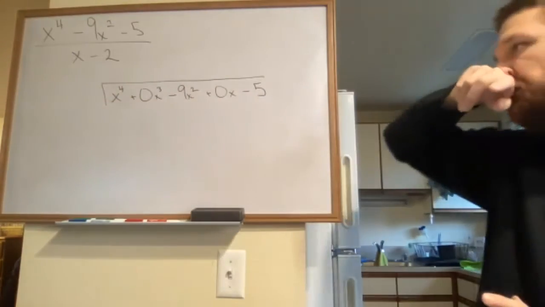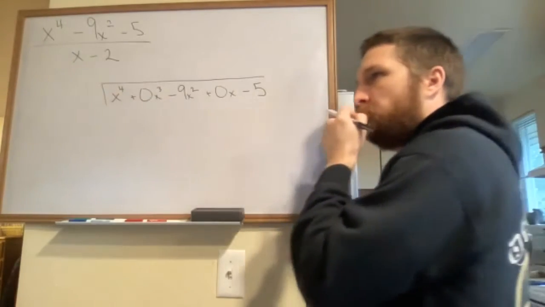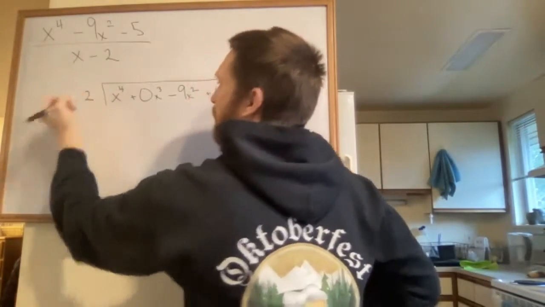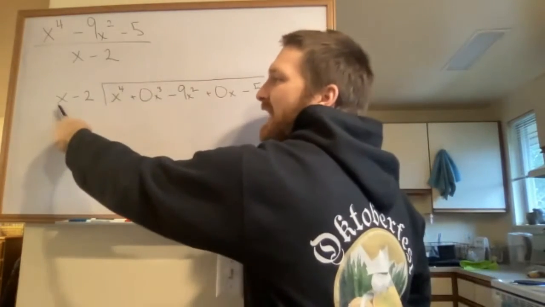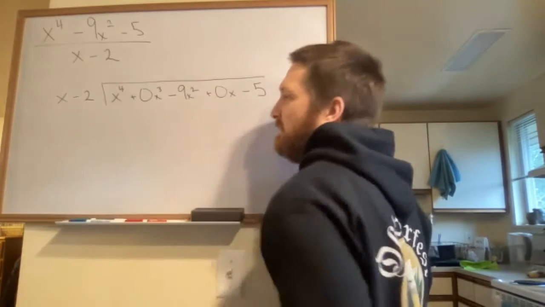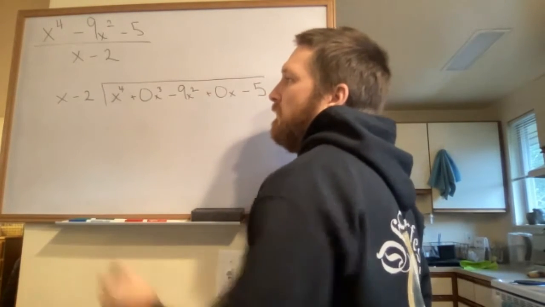Okay. On the outside, what do I have? X minus 2. And what number do I need to multiply this guy by in order to give me this guy right here? X to the 3rd.